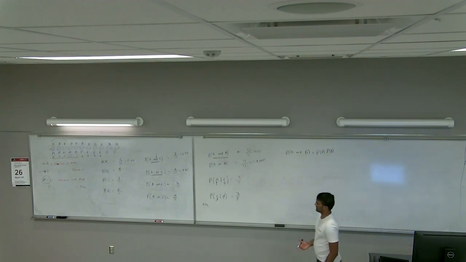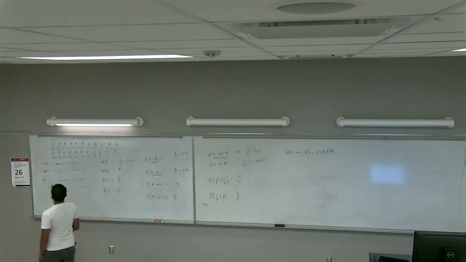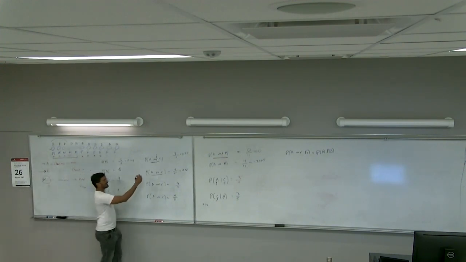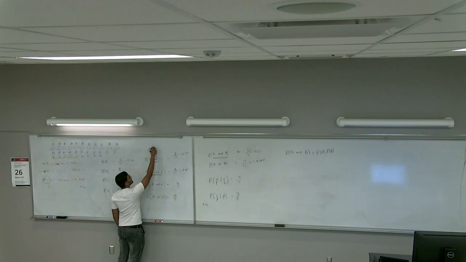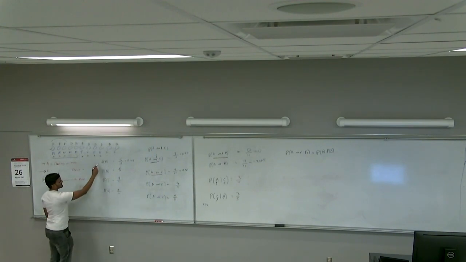Now, what about A and C? Why can't we do that for A and C? Why can't we have P(A) times P(C) for that?